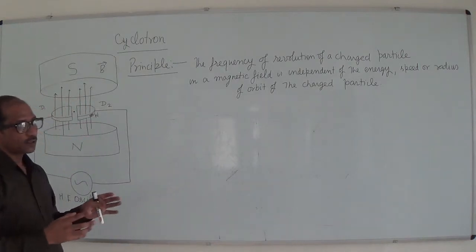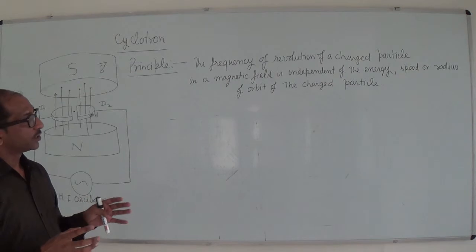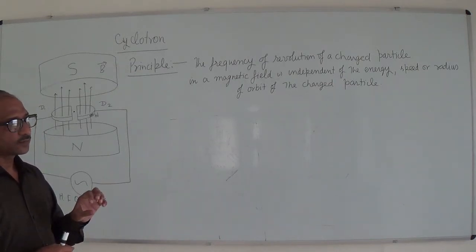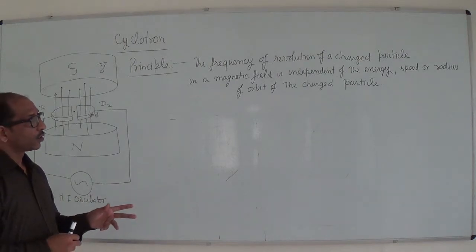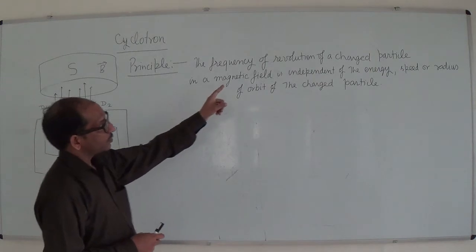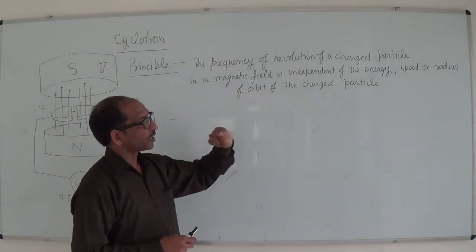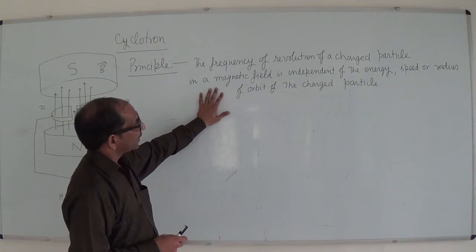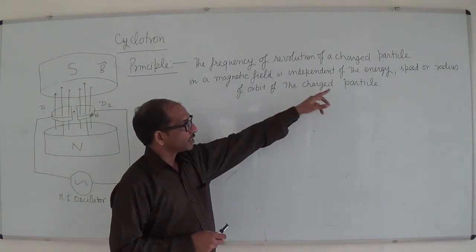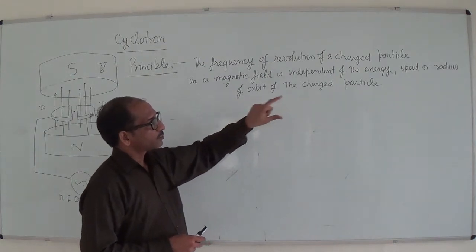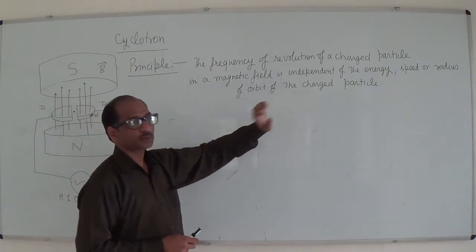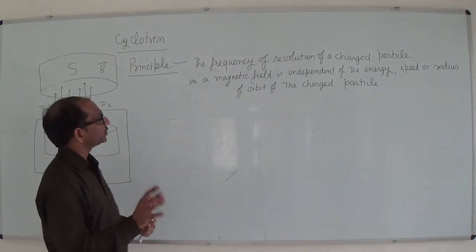The frequency of the charged particle is basically independent of the energy, speed or radius of orbit. The frequency of revolution of a charged particle in a magnetic field is independent of the energy, speed or radius of orbit of the charged particle. So this is the principle.